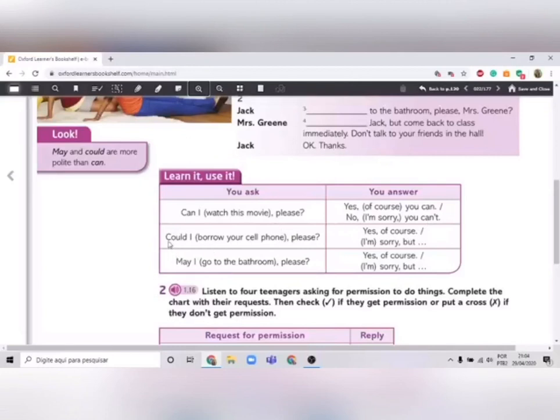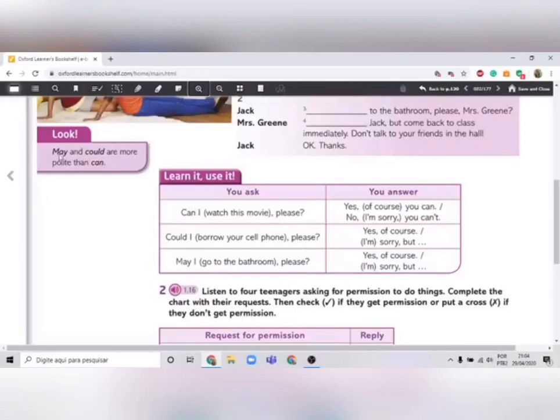When we talk with could I, the answer is only with, of course, or no, sorry. And may I, the same, yes, or I'm sorry, you can't.